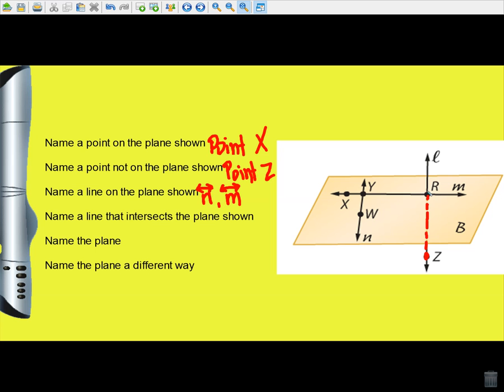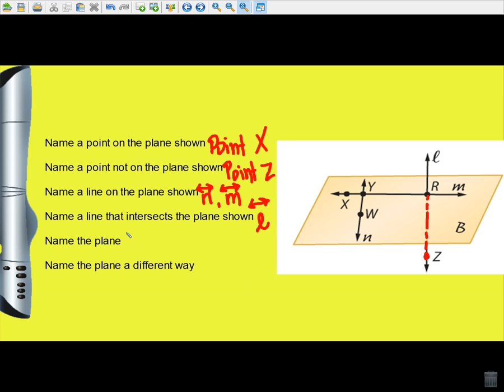It starts at R. It's not on the plane, but it's actually coming up through the plane. Think of this as going straight up and down, not with the plane, but through the plane. So this line right here would be our line that intersects the plane, and we can say that this is line L. You also could have said line RZ or ZR. Both of those would work.